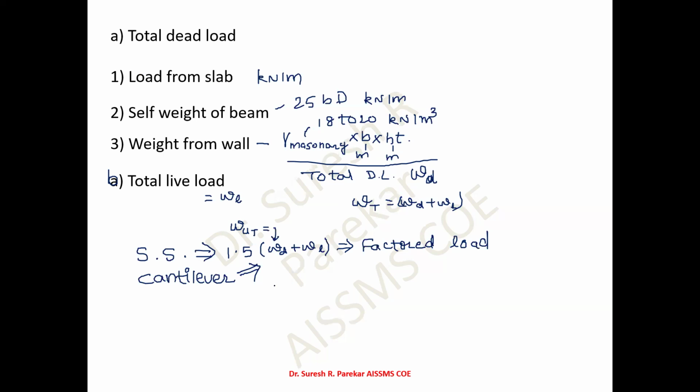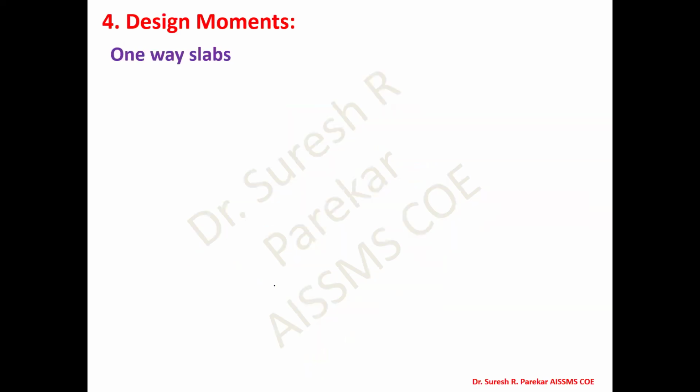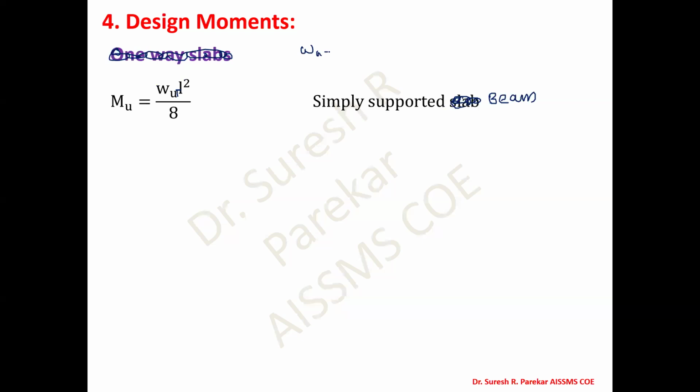And then you can have this bending moment, the design moments. Sorry, this is not a slab, so we have this as a beam. So now, simply supported beam: WUT you can write as WUT L square by 8, and WUT we have seen is 1.5 times WD plus WL.